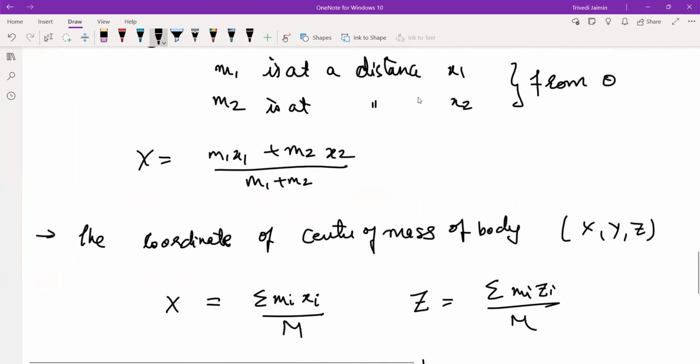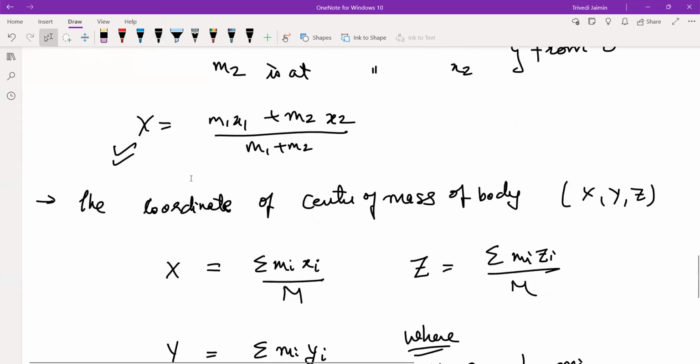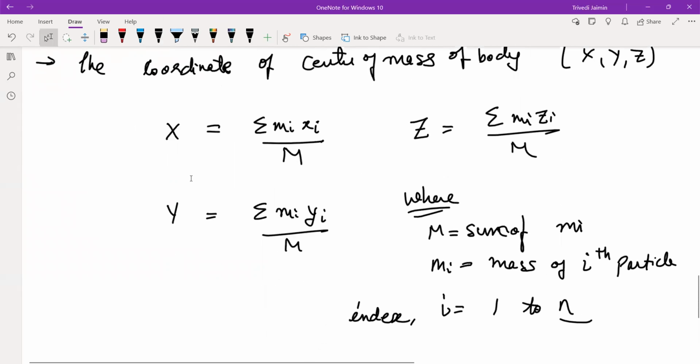In this equation, we had 2. If it is the nth term, it will go till nth. So it's for the ith particle, where i is from 1 to n.